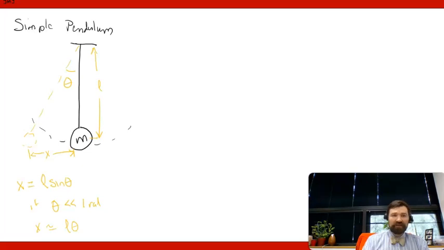And for that, we can do one of two things. Again, we can look at angular acceleration, which comes from torque. Recall that the angular acceleration alpha is given from the equation tau is equal to I times alpha.